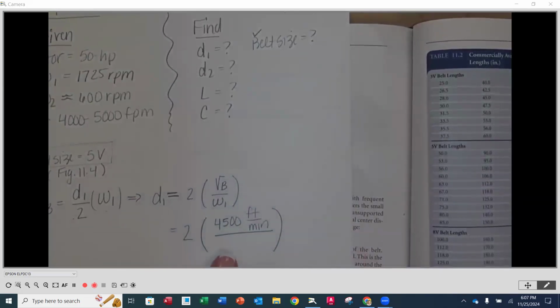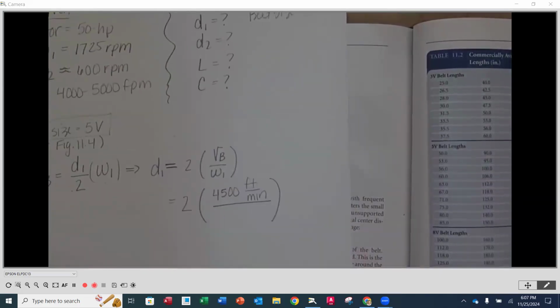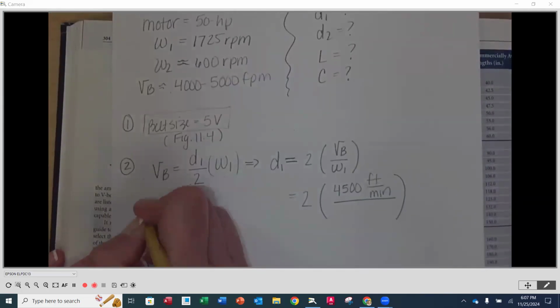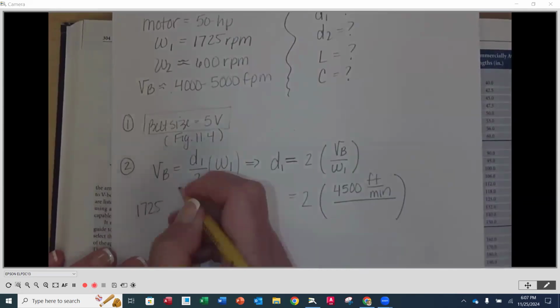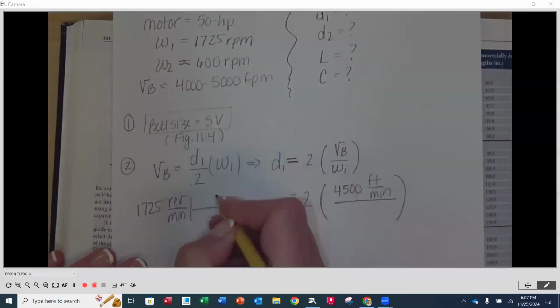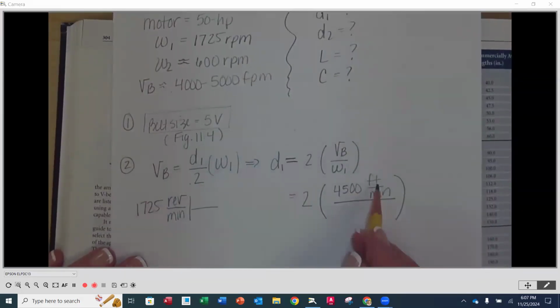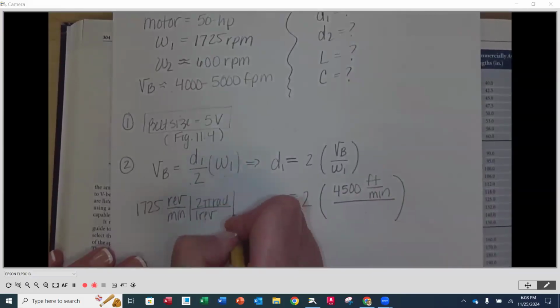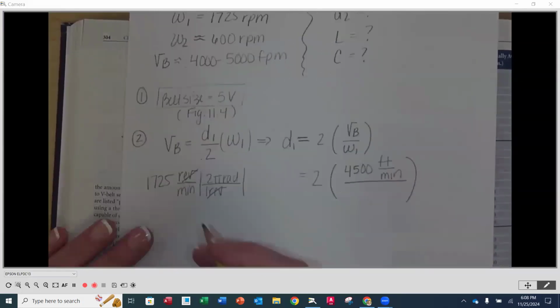And then underneath, we need to do our W1, but we can't leave it in revolutions per minute. We have to convert it to radians per minute. So I'm going to do that work over here. So I have 1725 revolutions per minute. And I need to get that into radians per minute because we have feet per minute over here. So 1 revolution, 2 pi radians, revolutions cancel.